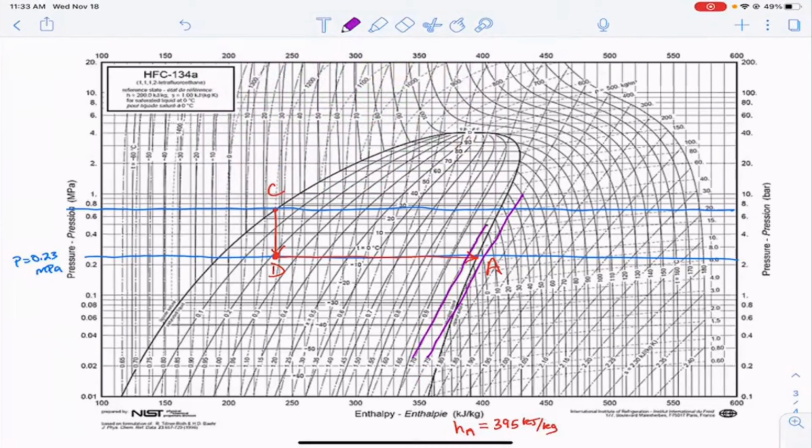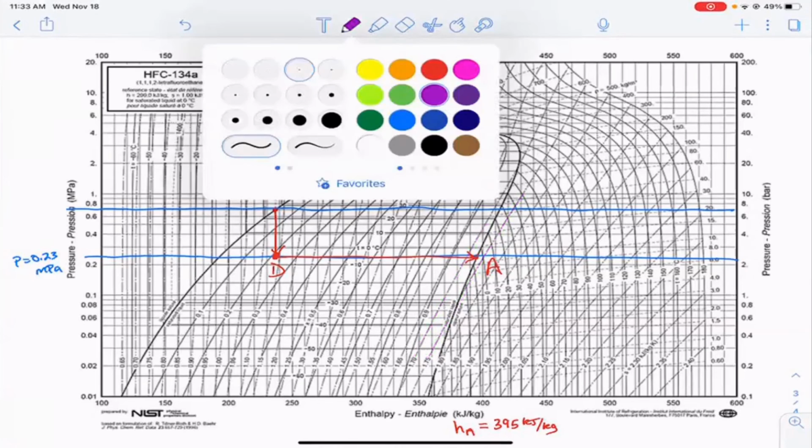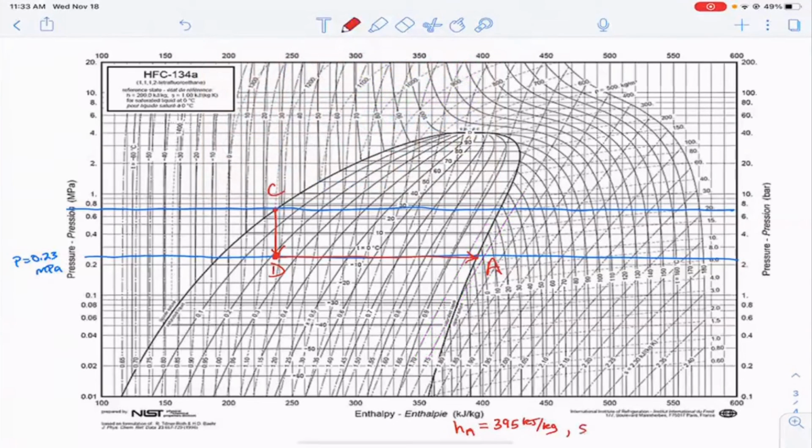And so we're right between the 1.7 and 1.75 kilojoules per kilogram Kelvin line. So I'm going to say that the entropy at A is approximately equal to 1.73 kilojoules per kilogram Kelvin.